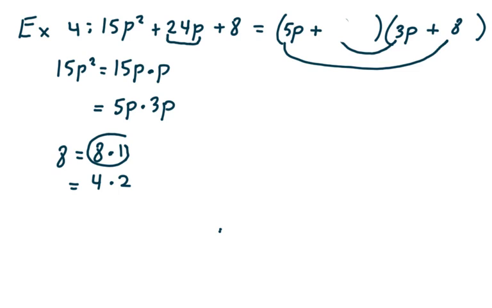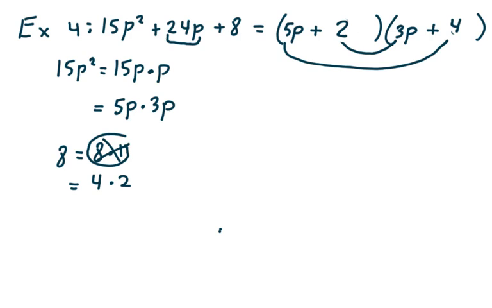That's still too big. And so what that tells me is that the 8 and the 1 don't work. That just leaves me 4 and 2. And so my gut reaction is to put the 4 there and to put the 2 here. But we always have to check. Did that work?